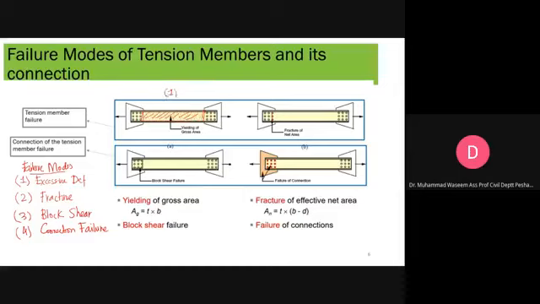The second mode is the fracture, and this fracture occurs at the connected part of the tension member.